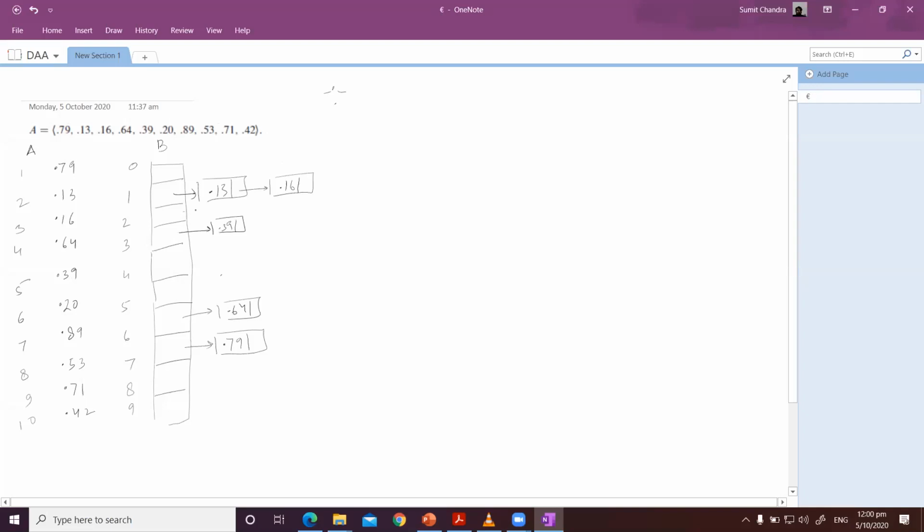Then 2, we'll go to second, 0.20. Then 8, 0.89. Then 0.53. Then again 7, so 0.71. Then again 4, 0.42. Is this clear, class?